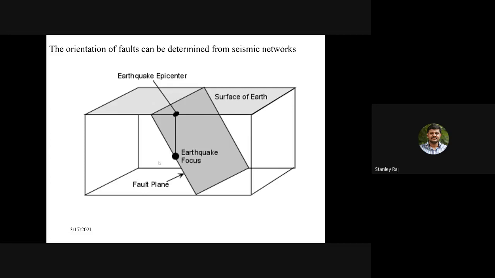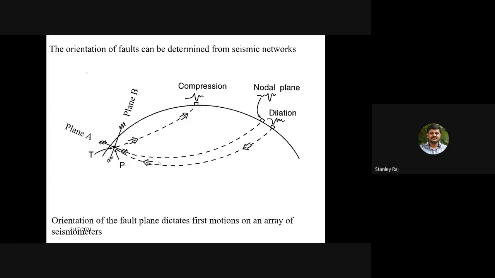Fault means initially there is a crack on the rocks, and that crack produces the earthquakes, and that crack or fault develops and forms a bigger earthquake. The orientation of the fault plane dictates the first motion on an array of seismometers.